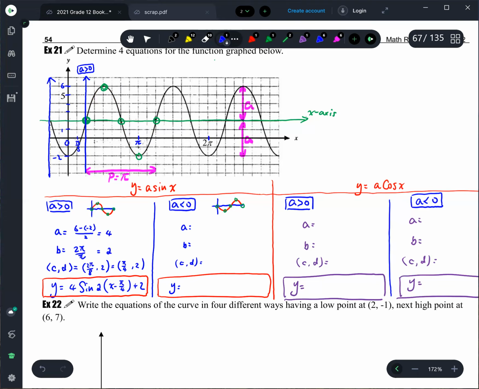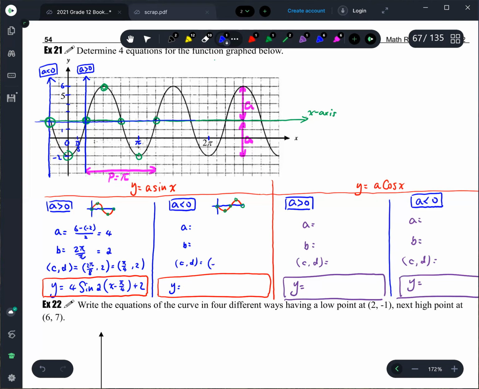Okay, so for this, this is our starting point. Okay, 2, 3, 4, 5. So this is for a less than 0 for sine. Our C and D should be on the left side now.